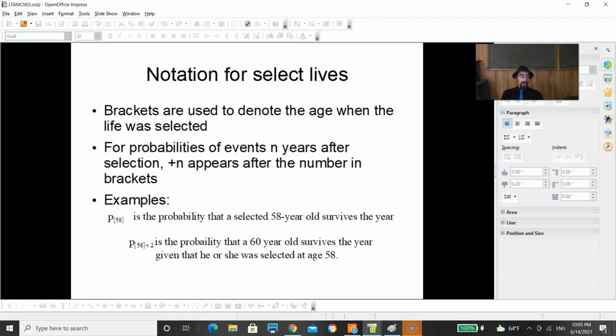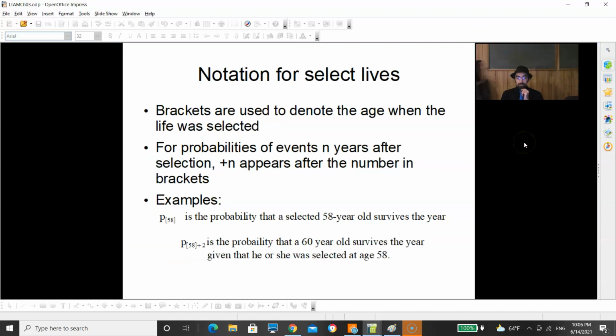We can't say bracket 60 because you weren't selected right now. Your mortality is probably going to be slightly higher than someone who was just selected right now. However, we also can't say P selected at 60 because, yes, you were selected, but you weren't selected right now.